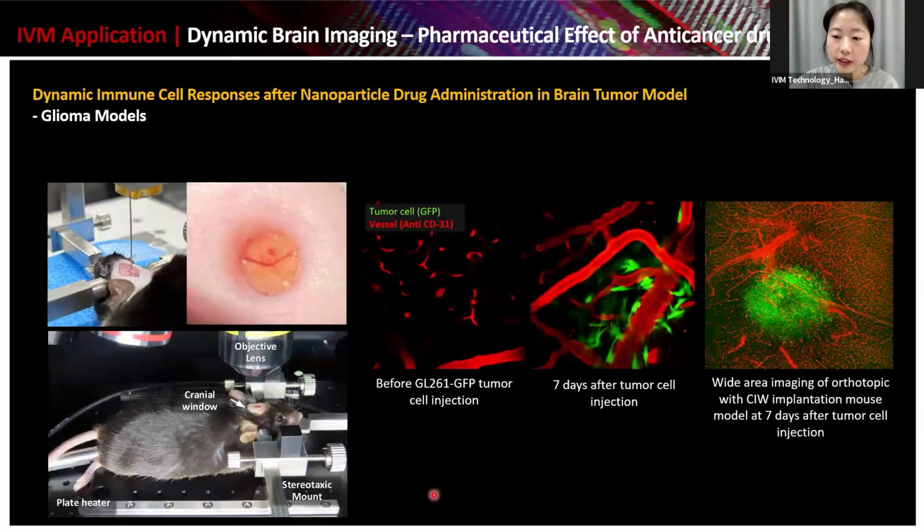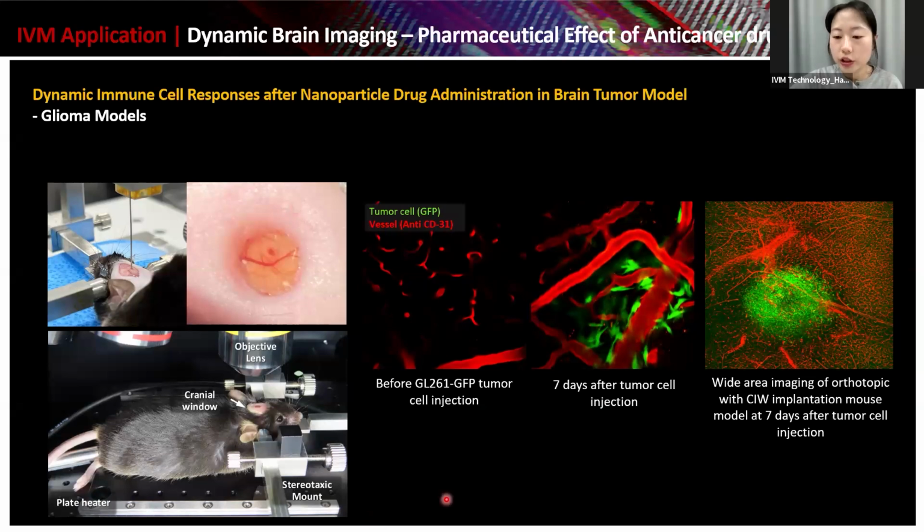Beyond observing cellular responses within the mouse brain, researchers can also establish fluorescently labeled brain tumor models by injecting tagged cancer cells into the brain. This enables the investigation of a wide range of pathological and pharmacological characteristics related to brain tumor development or treatment.